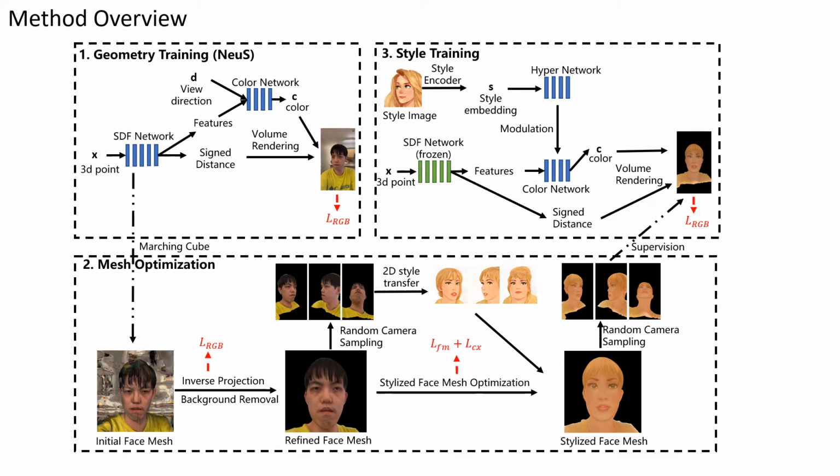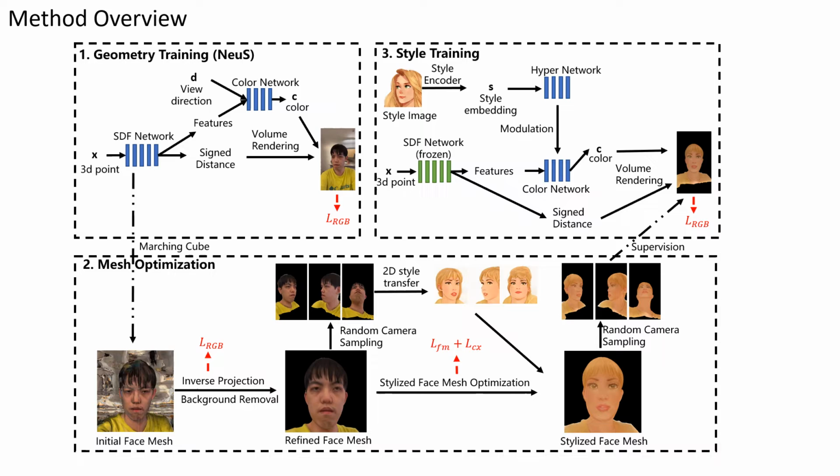We propose a three-stage approach for this problem. The first stage is geometry training, where we train a NeRF network to reconstruct the 3D face in the given user video. The second stage is mesh optimization, where we start from the initial face mesh extracted from the NeRF network with some background removal and texture refinement, followed by an optimization process to transfer the style in the style image to the 3D face mesh.